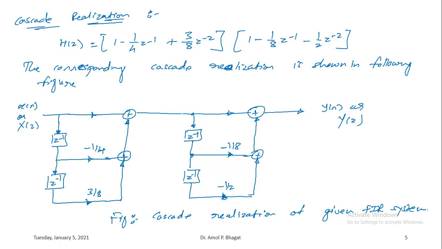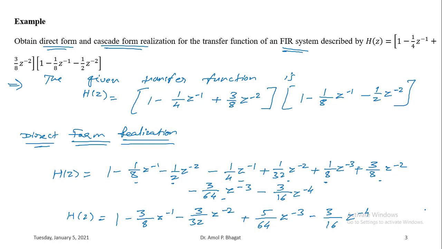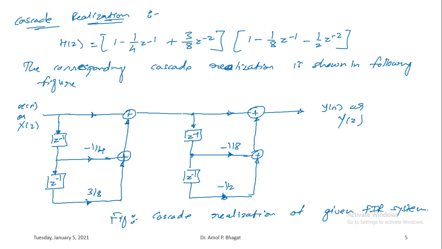So this is how you can obtain the direct form and cascade realizations of an FIR system. In case of an IIR system, we have seen direct form 1 and direct form 2 realizations, but in case of an FIR system, there will be only direct form realization.